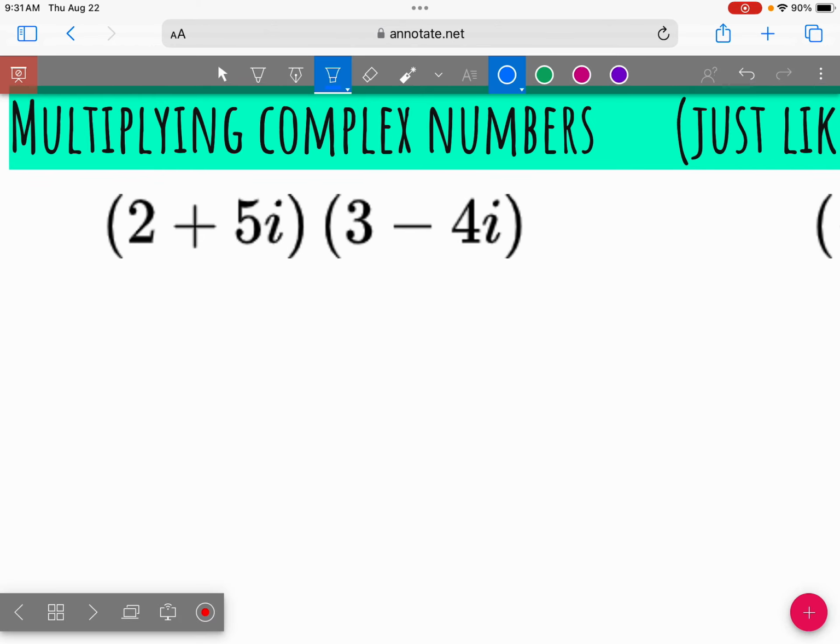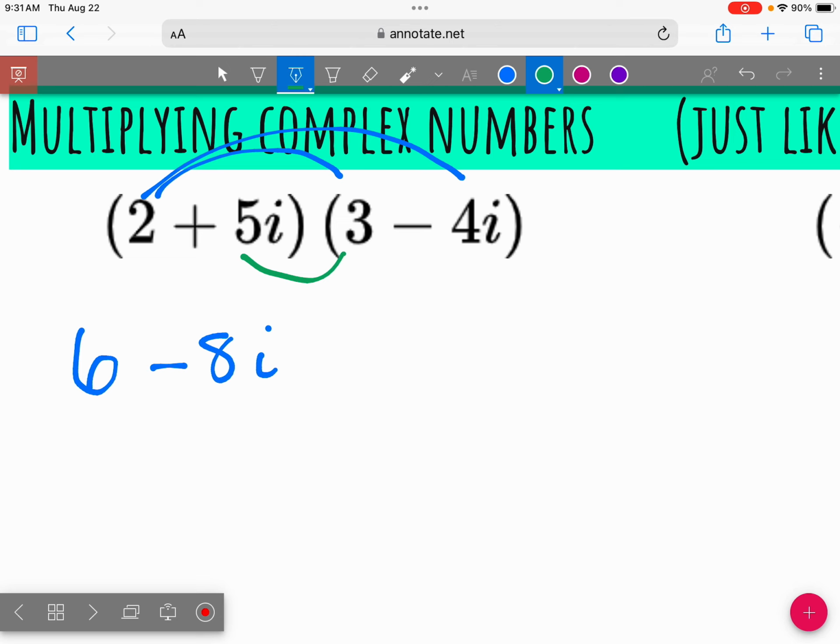So on this first one, I'm going to take my 2, wrong pen. 2 times 3, giving me 6. 2 times minus 4i gives me minus 8i. 5i times 3 gives me 15i. And 5i times minus 4i gives me minus 20i squared. Okay?